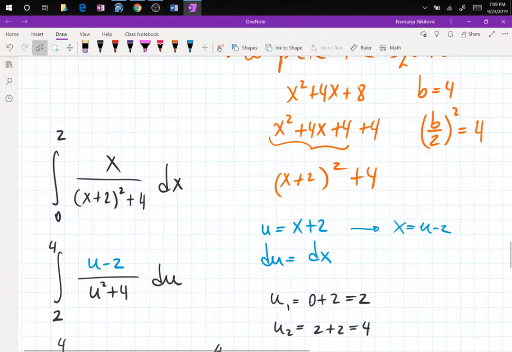Yes? I have a question. Isn't it x plus 2 squared plus 8? Because over there we say x squared plus 4x plus 8, but actually it's 12. No, we stole 4 because I needed that. Well, let's square this. When I square this, I get x squared, plus 2 times 2 is 4 times this is 4x, plus 2 squared is 4, plus this 4 is 8.